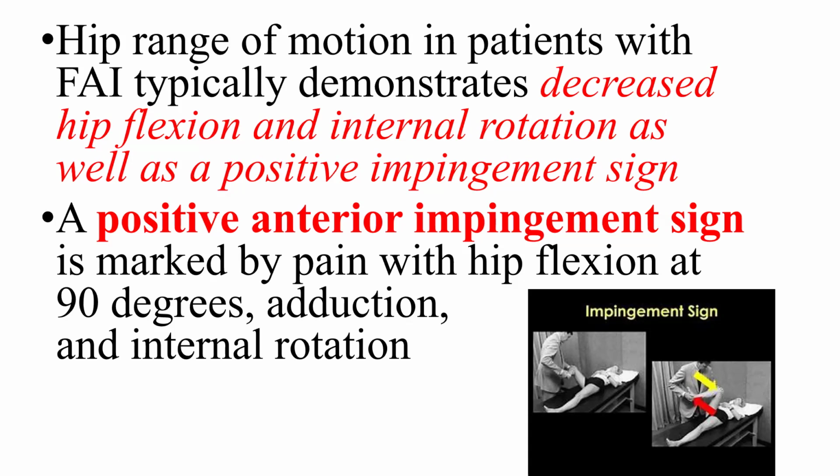A positive anterior impingement sign is marked by pain with hip flexion at 90 degrees and adduction and internal rotation.